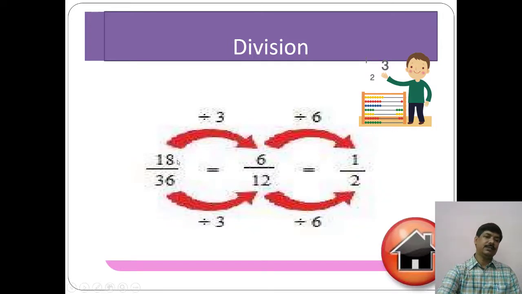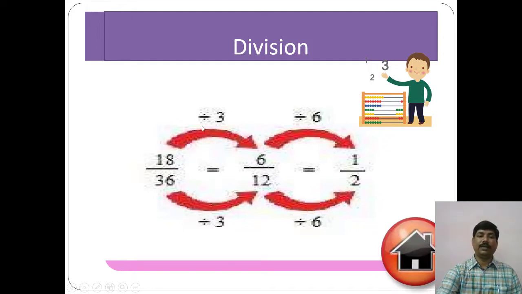if there is a fraction 18 upon 36, if the numerator and denominator are divisible by the same number, then you can divide both values by that same number and you will get the new quotient.